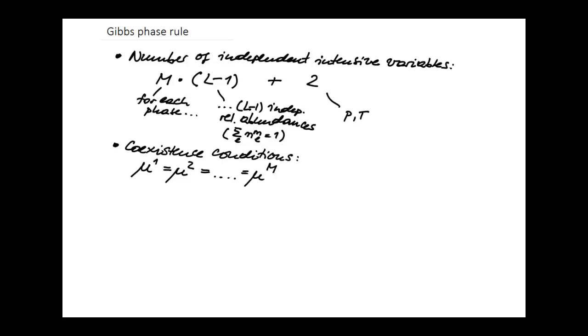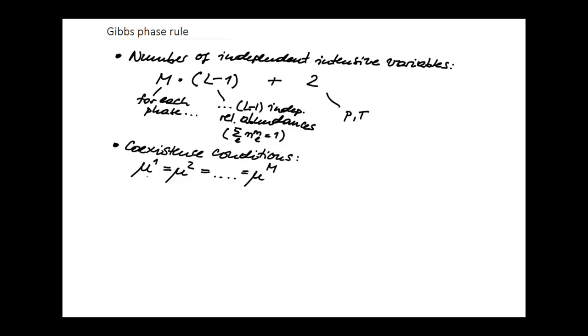Now we have L different molecules, and each molecule occurs in each of the phases, and each molecule has its own chemical potential, and coexistence presupposes that the chemical potentials of all the molecules must be equal in all the phases.